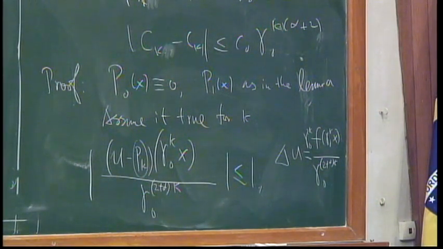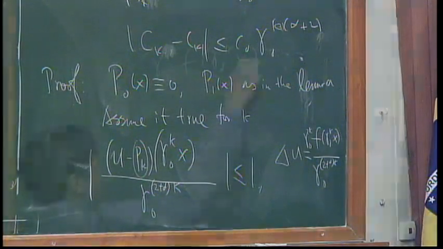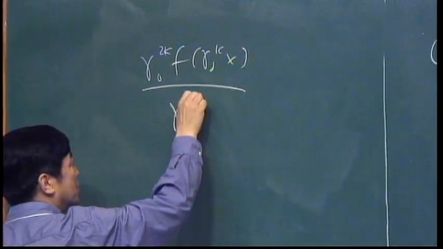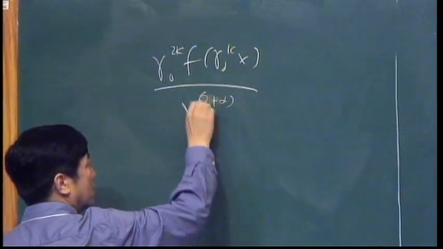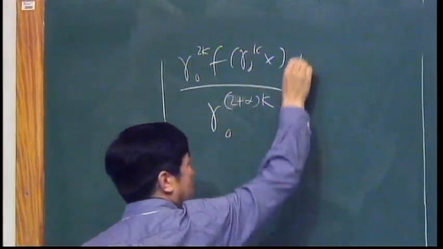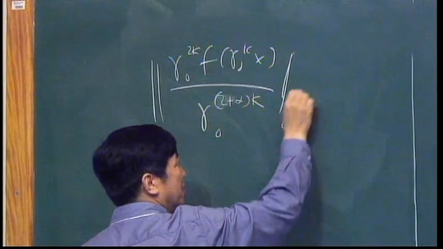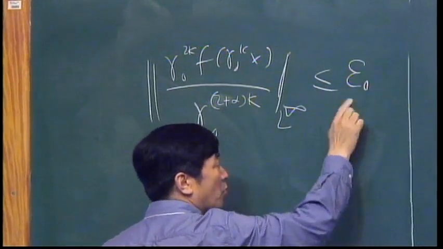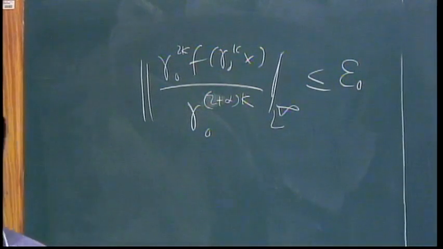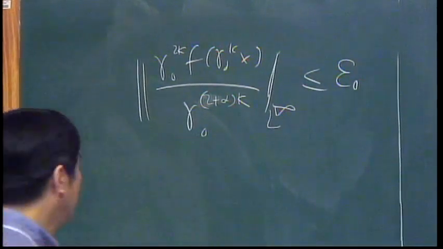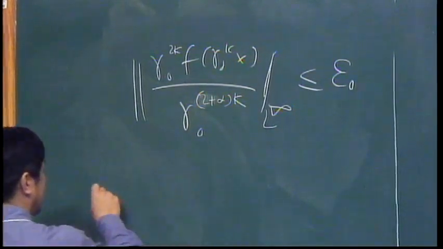So then what is the condition? The condition is that the L infinity norm of R0 2k f of R0 k x, this all equals our predetermined epsilon 0. Because if that's satisfied, you have the next step.